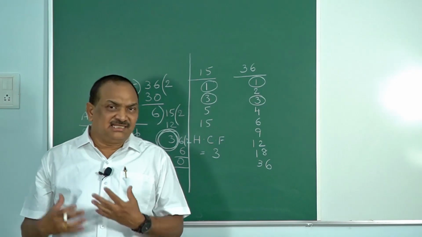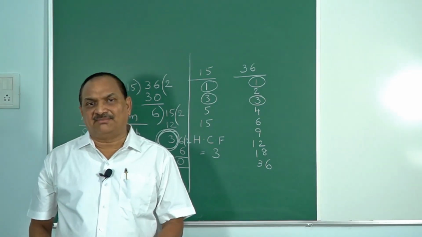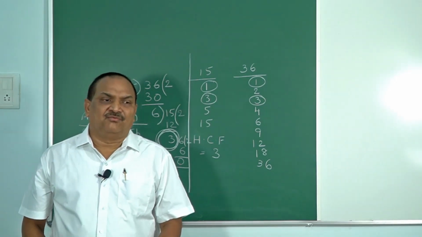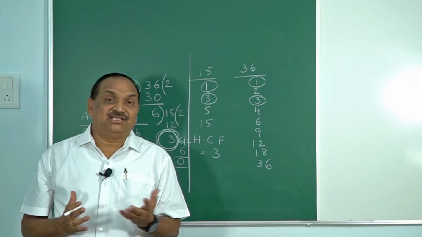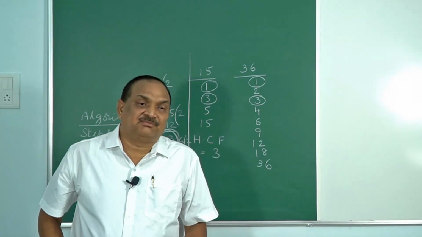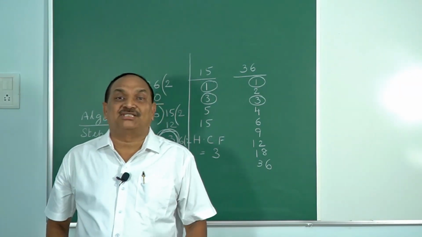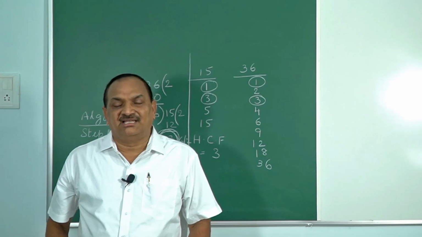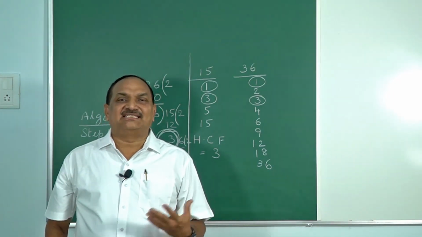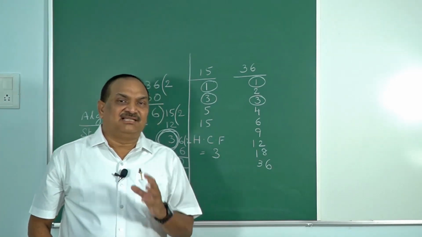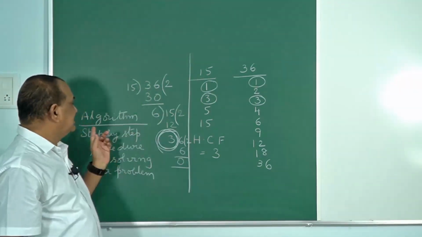In his honor we use this term algorithm. Actually his name is Abu Jafar Ibn Musa Muhammad Al-Khwarizmi. If you can remember, it's good, otherwise not necessary. It's Al-Khwarizmi, and in his honor we use this term algorithm.